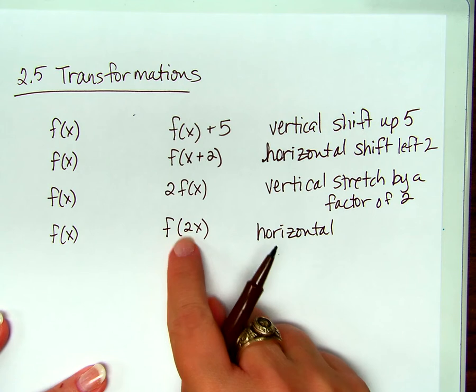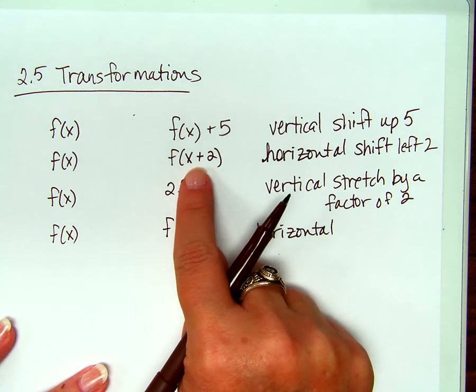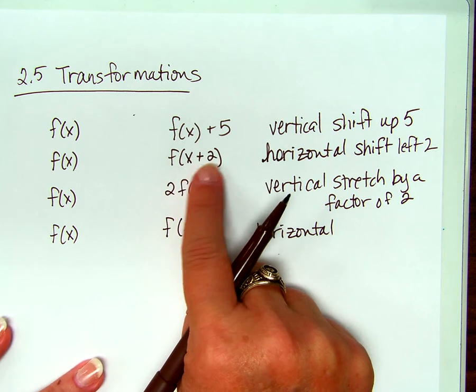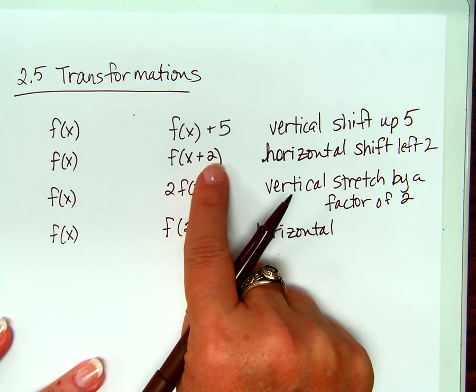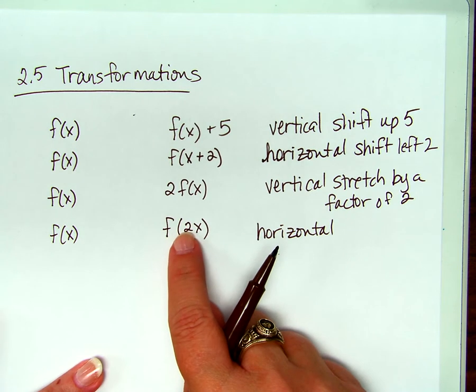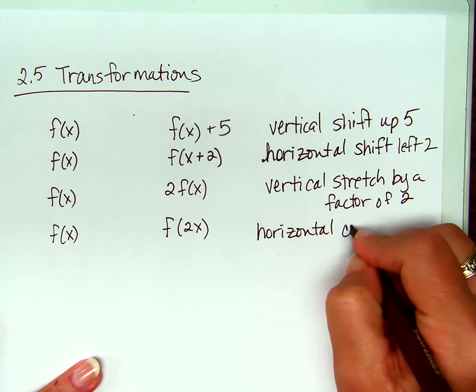So is it going to be a horizontal stretch or a compression? Think about what happens when in horizontal. It's opposite of what we think, right? So we thought this should go to the right 2, but we know it's opposite, so it went to the left 2. We think that since it's a 2, it should be a stretch, but we know it's opposite of that, right? This should be a compression.